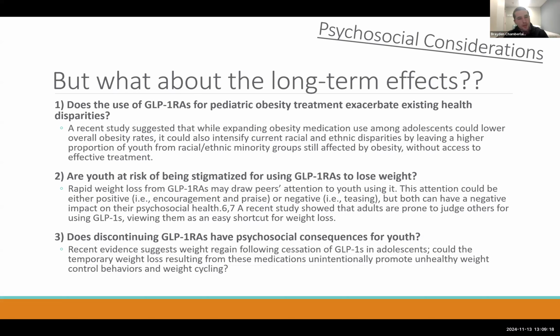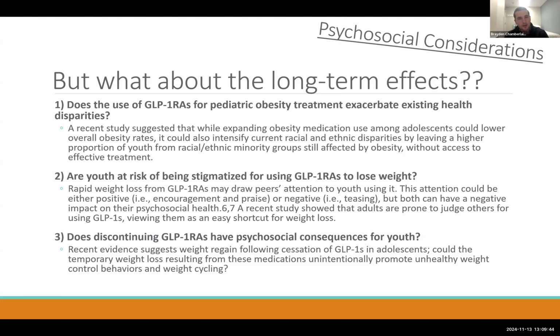They also bring up the point that we need to consider with adult patients: when you discontinue these GLP-1s, are you just getting a temporary fix that will promote unhealthy lifestyles that will just worsen after they stop their medication?